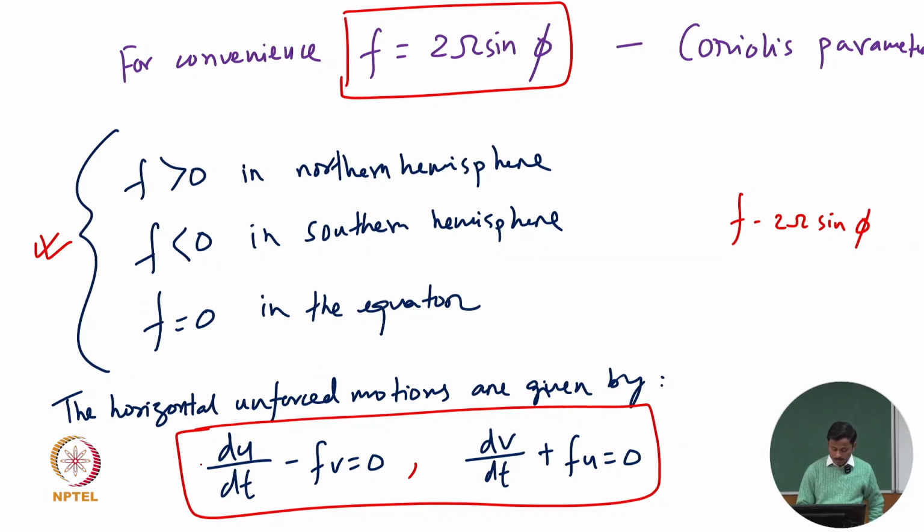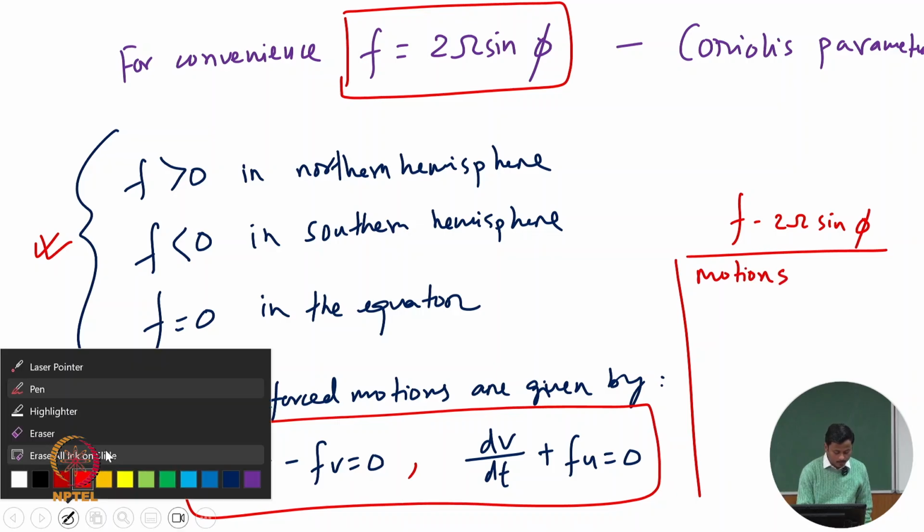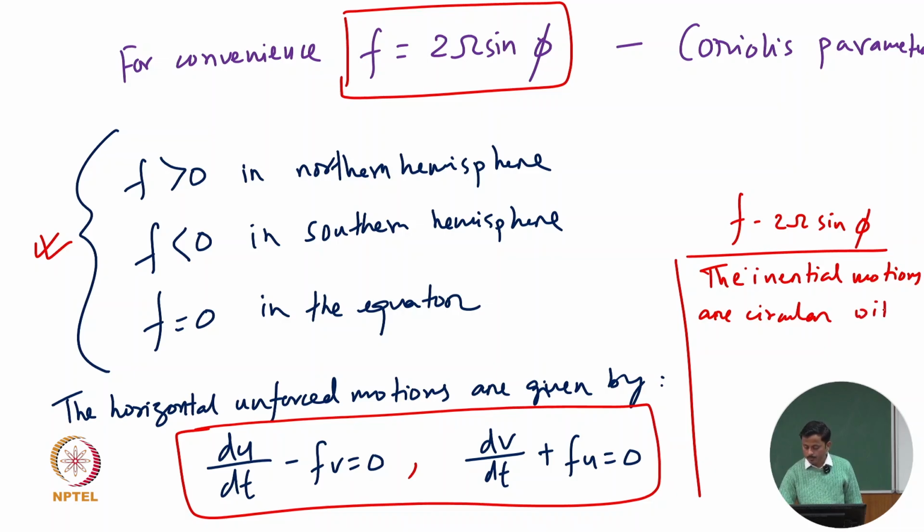Everything is the same except that the conclusion here is that the inertial motions are circular with time period 2 pi over f.